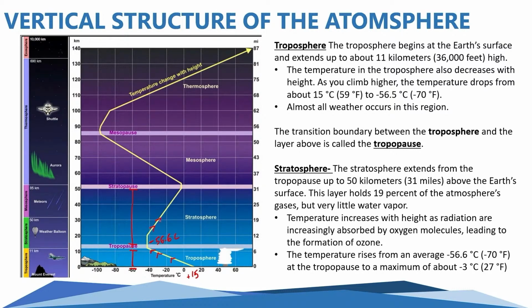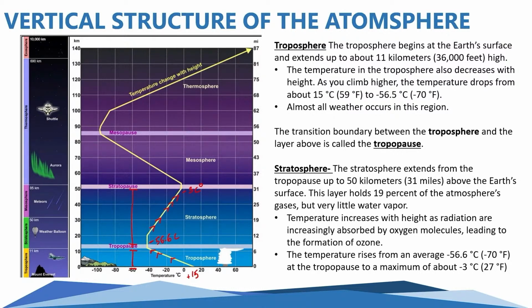And as we start to climb up in the stratosphere, it actually starts to get warmer until we reach the warmest part, which is 3 degrees Celsius or 27 degrees Fahrenheit. Now, the reality is that because it is getting warmer within the stratosphere, but just keep in mind, think of that depth again, right?